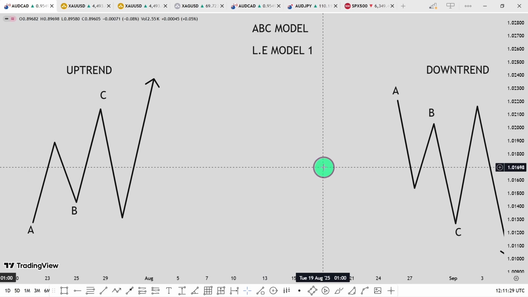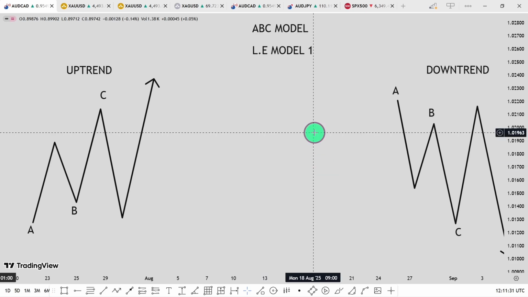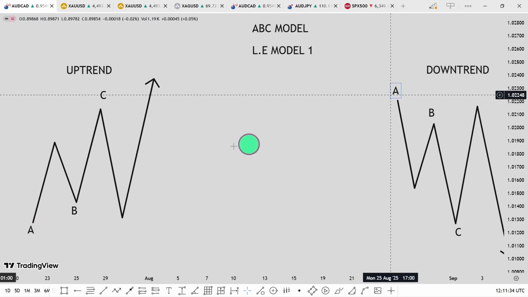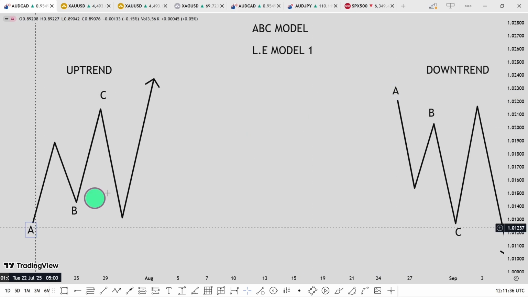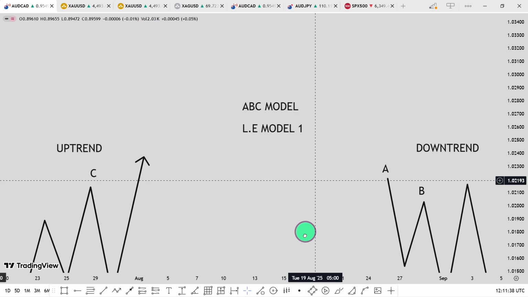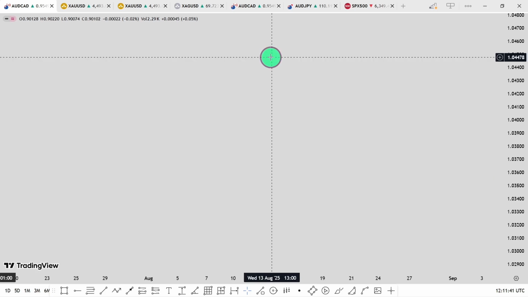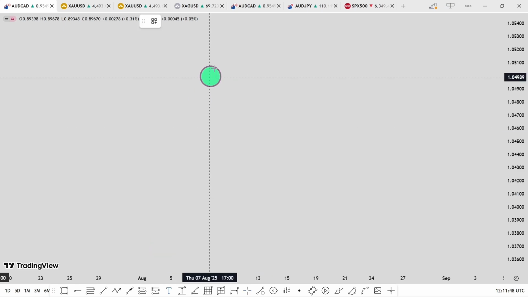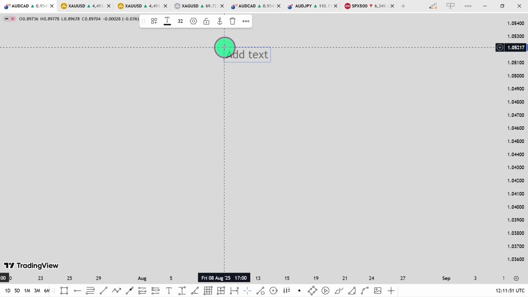Okay, so with our first lesson, I also said the A level, in the case of an uptrend or a downtrend, must always be in confluence with what? Support and resistance levels, supply and demand levels, QMR, and also sweeps of higher time frame highs and lows. I talked about that in our previous lesson.